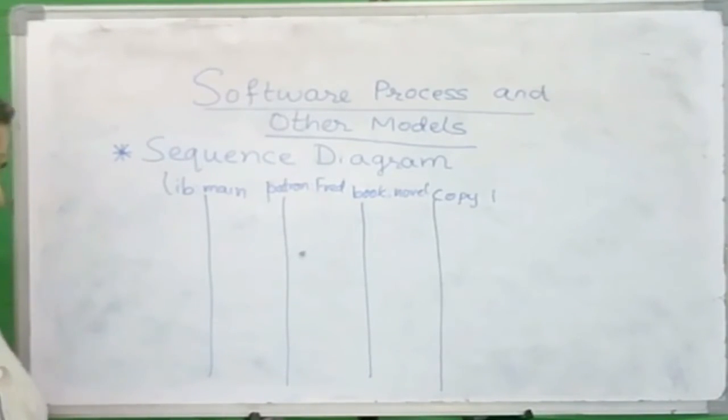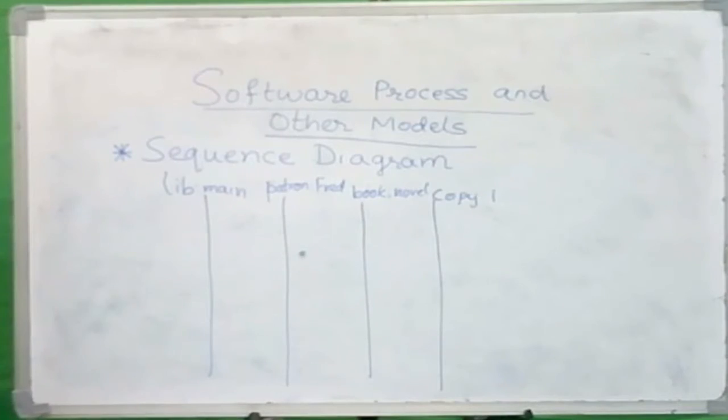Each vertical line is labeled at the top with the class name followed by a colon followed by the instance name. For example, the first line is labeled with lib :main for the instance main of the class library. Horizontal arrows depict function calls.